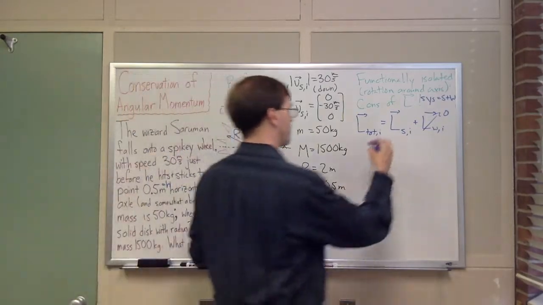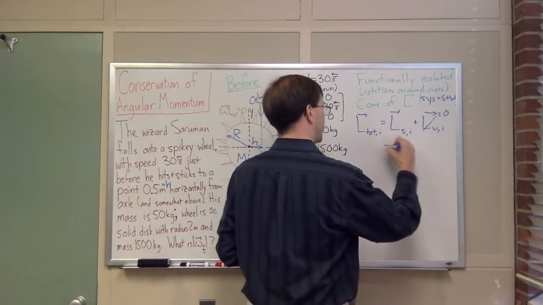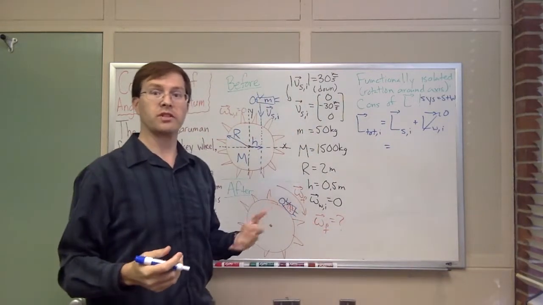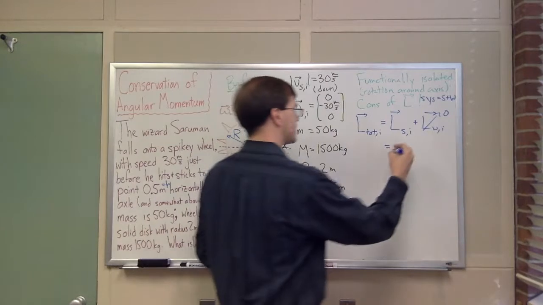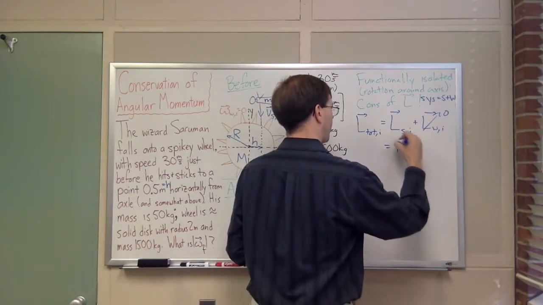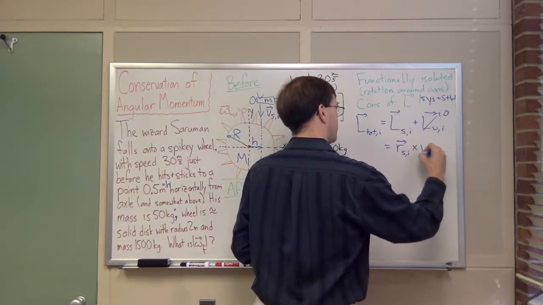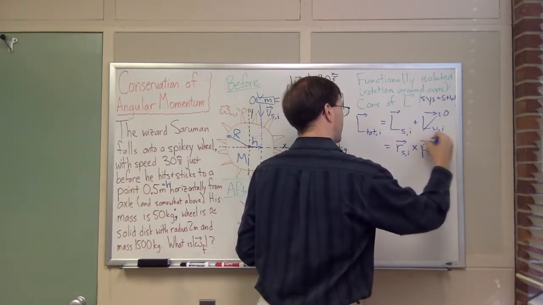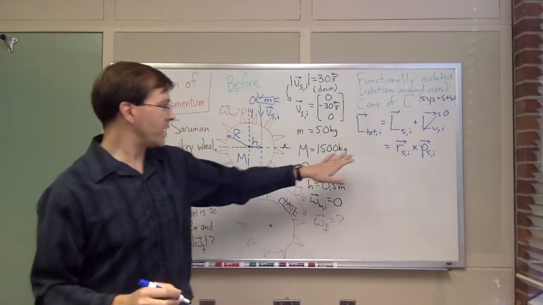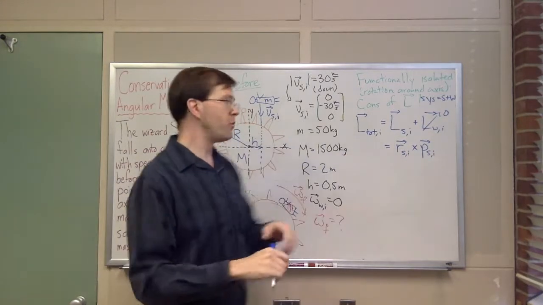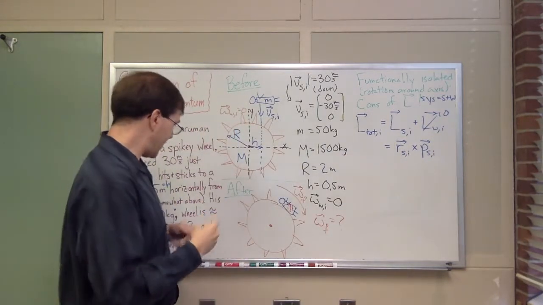We'll model Saruman as a particle, and the angular momentum for something we're treating as a particle is R Saruman initial cross P Saruman initial. R cross P, radius vector cross product with momentum vector. And yeah, I can draw this in.